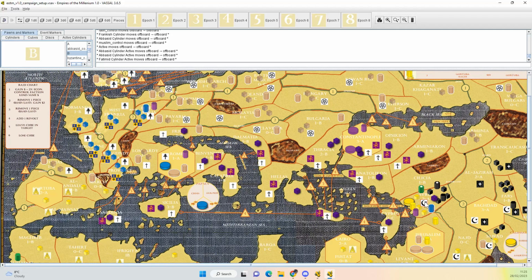So this Muslim counter can actually change to either, if I can find it, Shia. So Syria can be Shia controlled or Sunni controlled. But it doesn't really come in until the last 2 turns of the game.